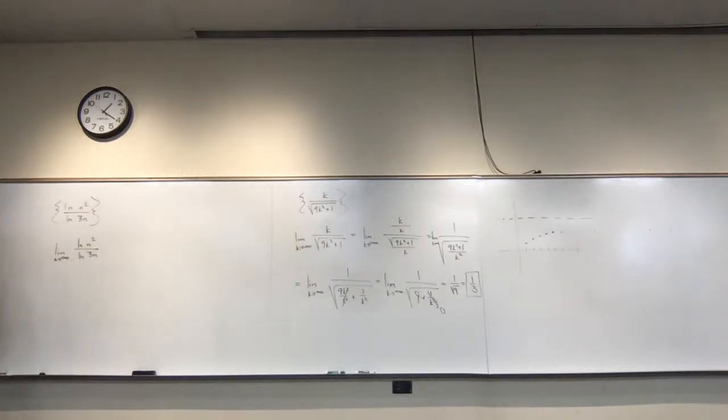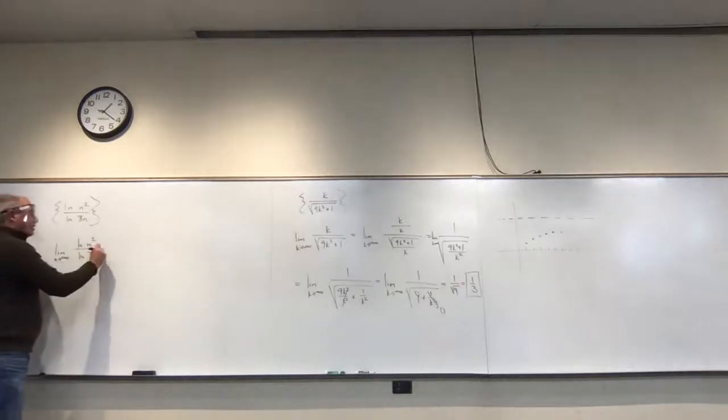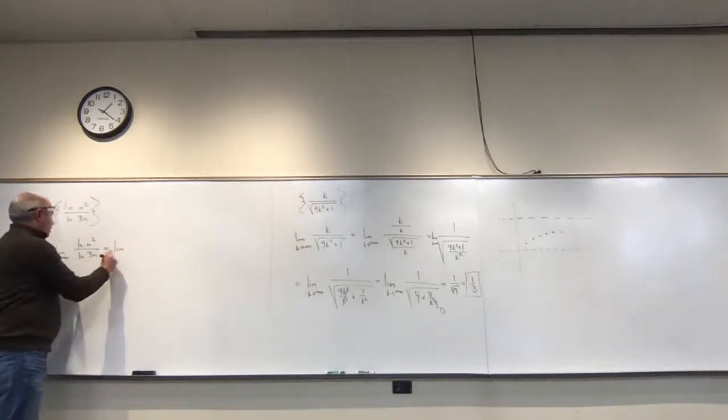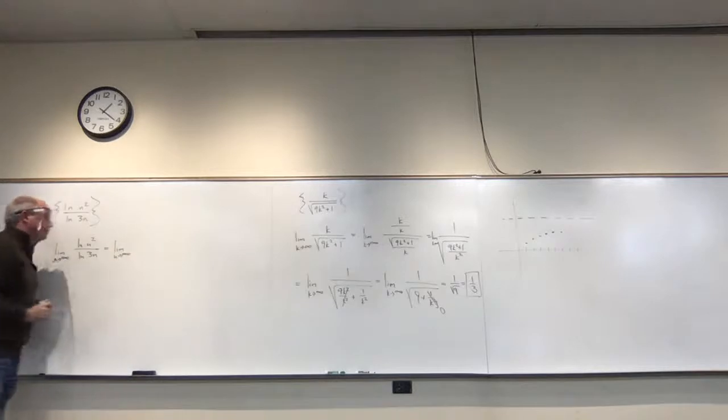Okay, so how do we want to think about this? Certainly as n goes to infinity, the top goes to infinity and the bottom goes to infinity. So we could think of this as a L'Hopital's rule problem, and I think in this case, thinking of it as L'Hopital's rule will be helpful. We're taking the limit of kind of an infinity over an infinity, so I could just take the derivative of the top and of the bottom.